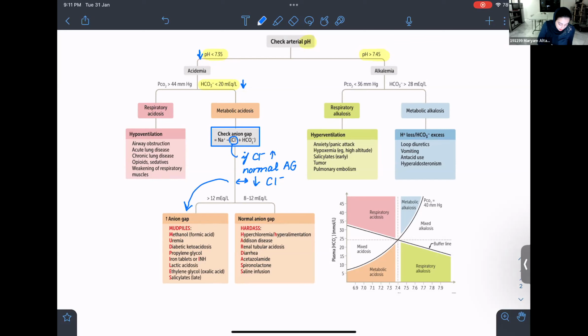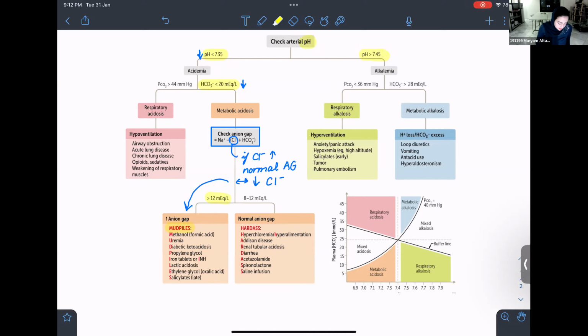So now if your anion gap is more than 12, as shown here, then you're going to use the mnemonic MUDPILES. And depending on the type of patient, for example, they have diabetic ketoacidosis, they took methanol, uremia, they're on iron, all these different causes that can help you identify why this patient has metabolic acidosis with an anion gap.